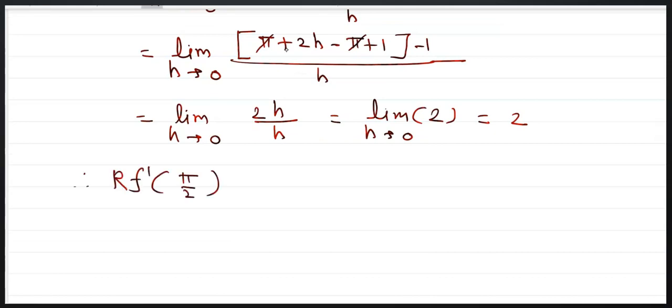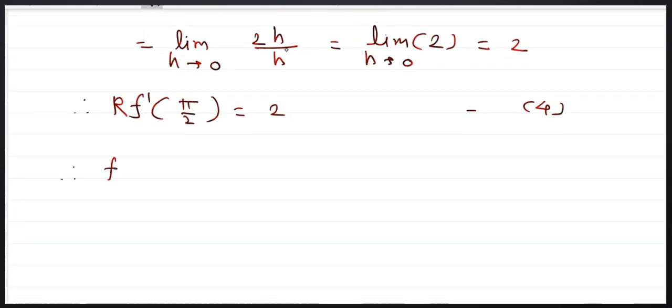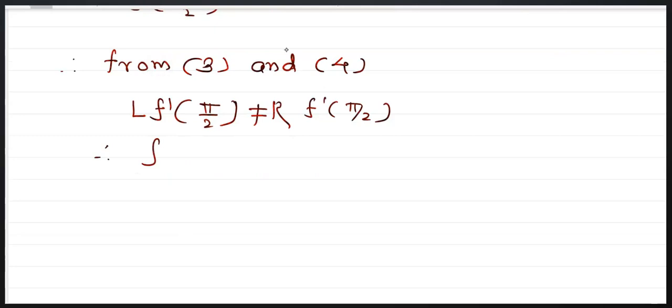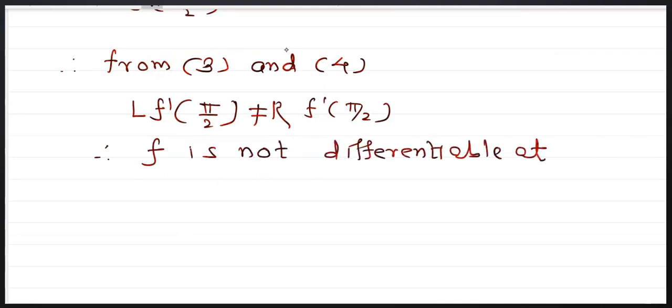Therefore from 3 and 4, both are not equal, therefore the given function is not differentiable at x equal to pi by 2.